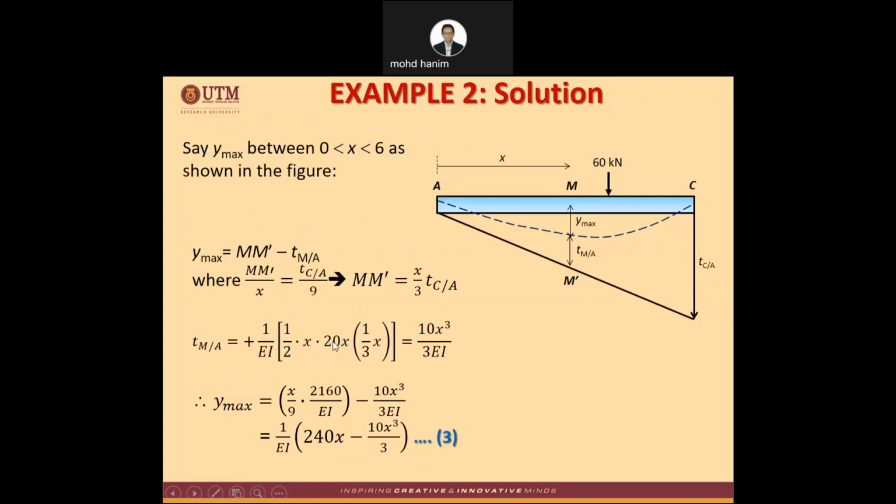It is moment area times centroid, and this is the first moment area equal to 10x to the power of 3 divided by 3EI. Therefore, using again this relationship, MM dash here, x over 9, MM dash minus 10x to the power 3 divided by EI equal to y max.